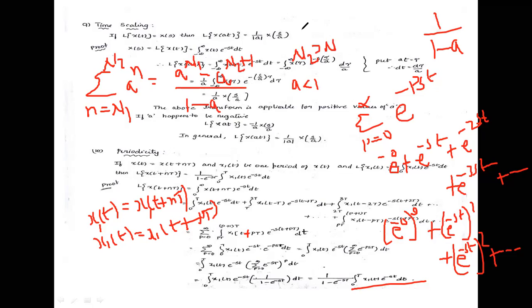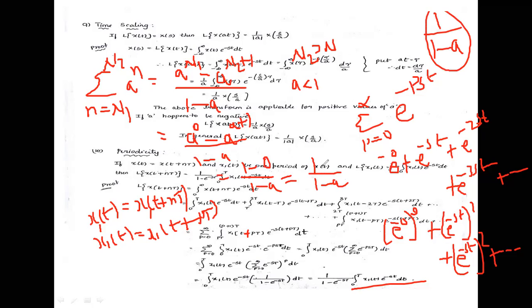This is the formula here. What is the value of n1? 0. So substitute: a power 0 minus a power infinite plus 1, whole divided by 1 minus a. a power 0 is 1 and a power infinite is 0, so we get 1 by 1 minus a. It is the same thing.